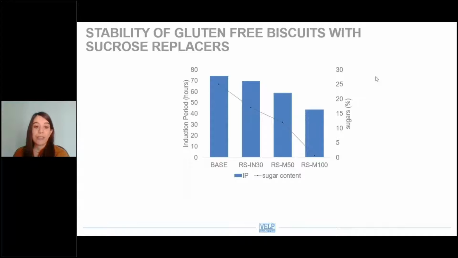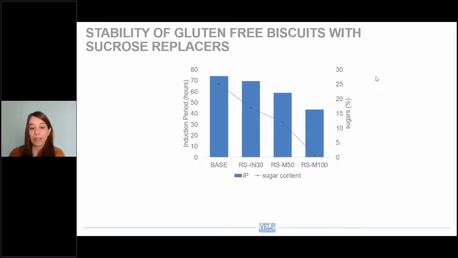In the graph, we see the induction period of the four formulations of the biscuit, and I also reported the amount of sugars added to the recipe. I want to add that the fat content of each formulation was always the same, and the type of fat was always the same. We used high oleic sunflower oil.